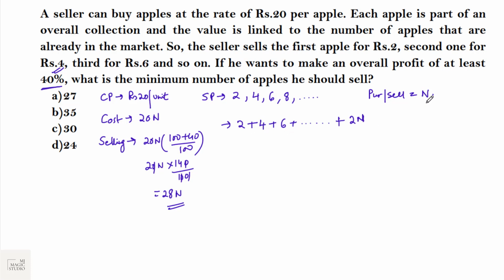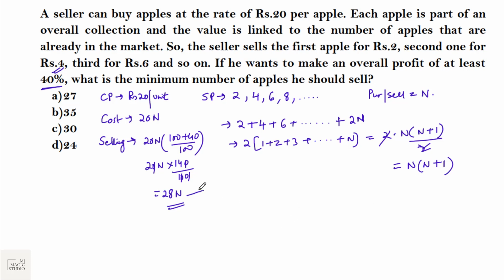Since he is selling n apples, the revenue generated from the selling of the nth apple would be 2n. So if we add up, this is nothing but 2 common, 1 plus 2 plus 3 till n, which is a natural number series. So this will be 2 into n plus 1 by 2. So the total revenue collected is n into n plus 1.